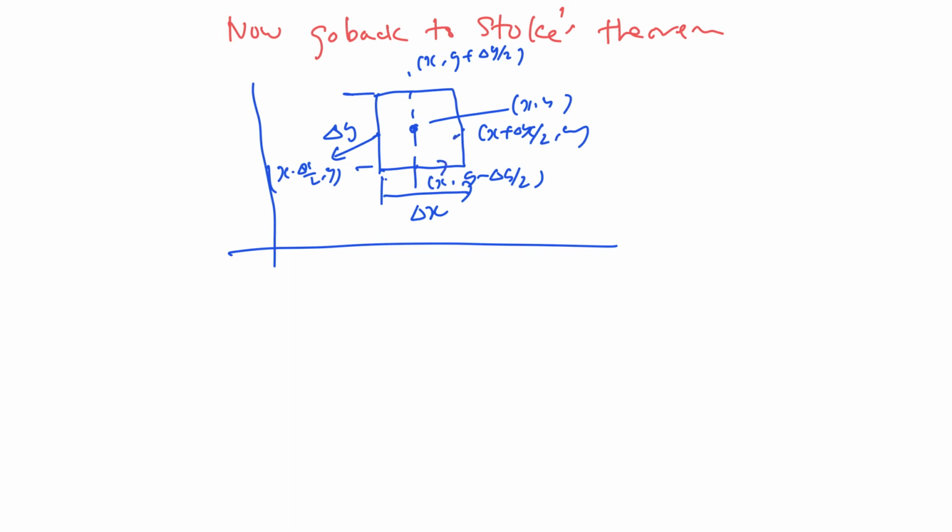And we are going to have the following integral, over paths 1, 2, 3, 4: a(x,y) dx plus b(x,y) dy.